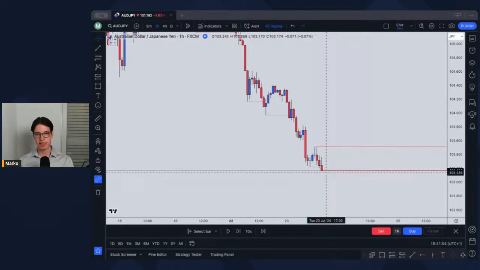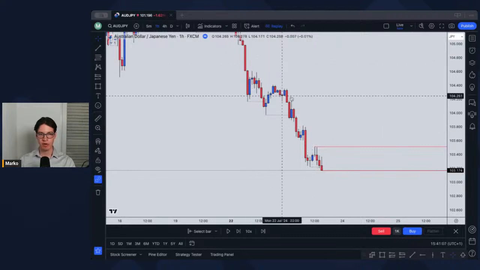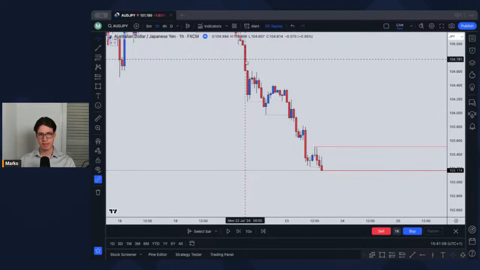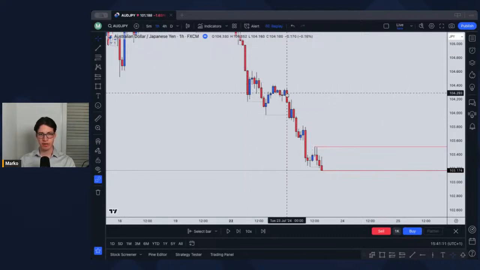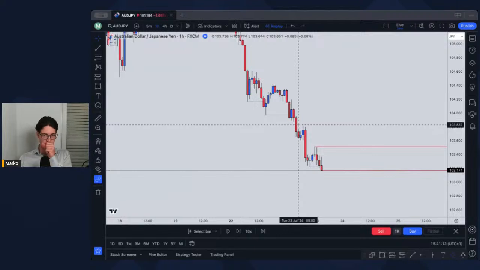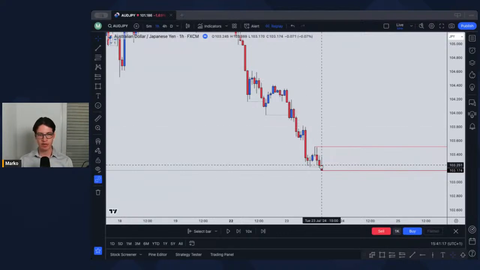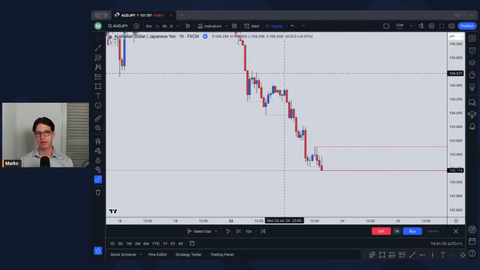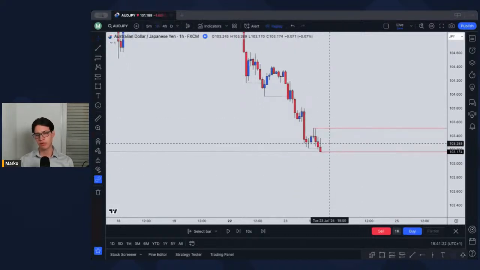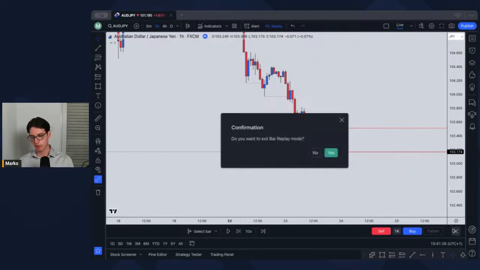If you compare the size of these candles to the size of the overall momentum, for example, here, here, here, here, and here, just compare the size of the bodies, you're going to see a big, big difference. So I did not want to risk the 1%. Not enough momentum. I did stay out of this opportunity.